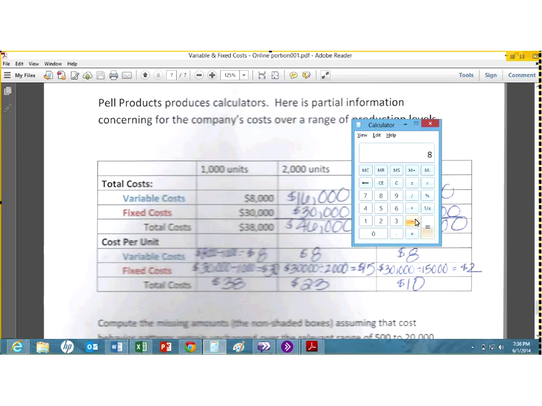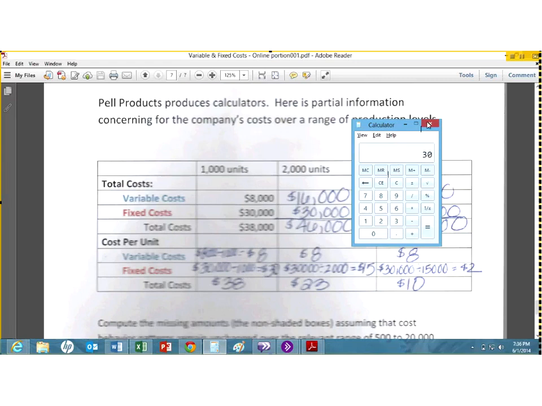So these variable costs include direct materials, direct labor, etc. Our fixed cost was $30,000 when we made 1,000 units. So if I take 30,000 divided by the 1,000 units, I have $30 of fixed cost per calculator. So if I take $30 plus 8, the total cost per calculator, if I make 1,000 units, is $38.